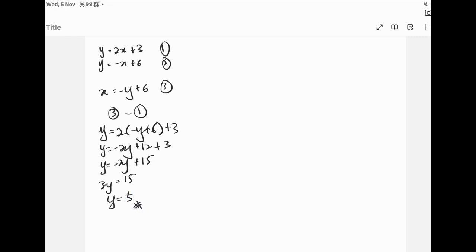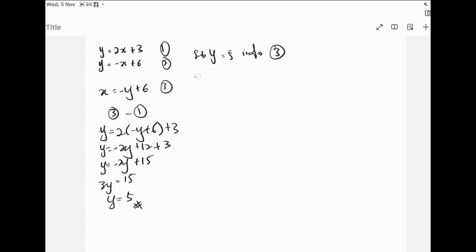And let's solve for x. Let us substitute y equal to 5 into the third equation.